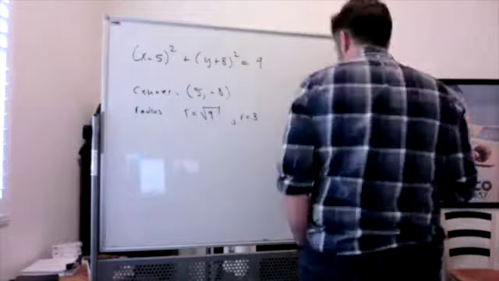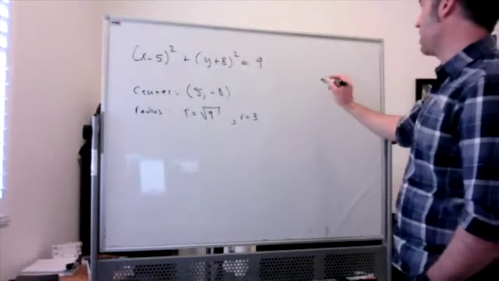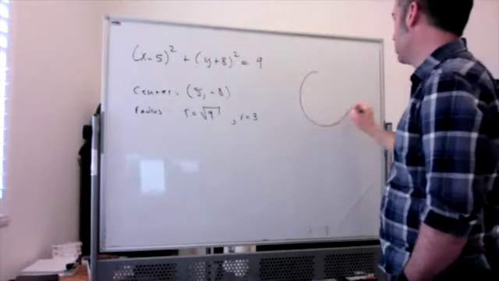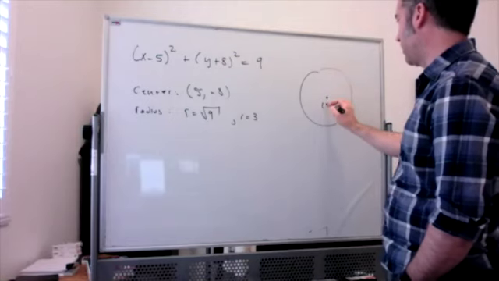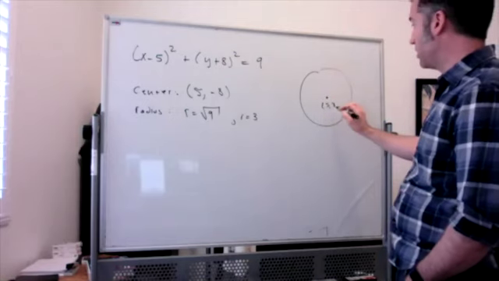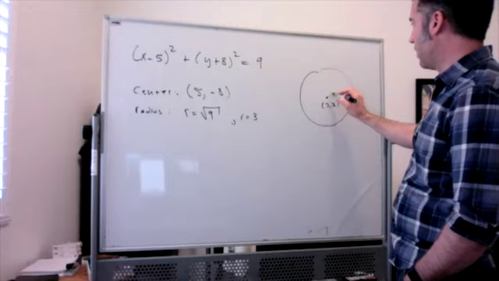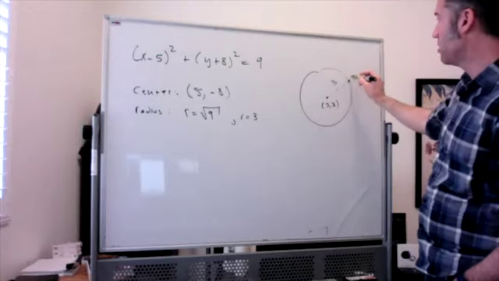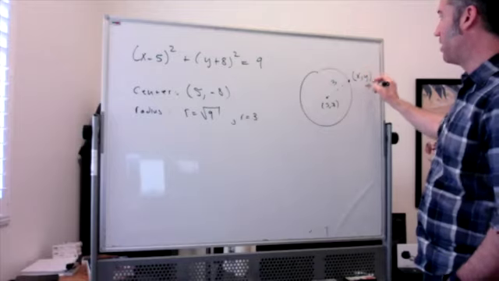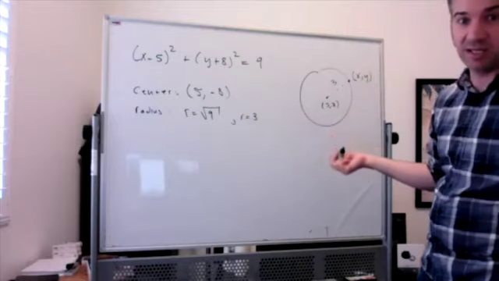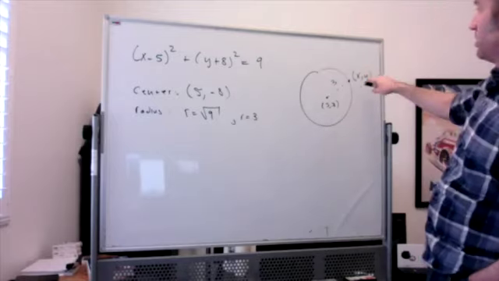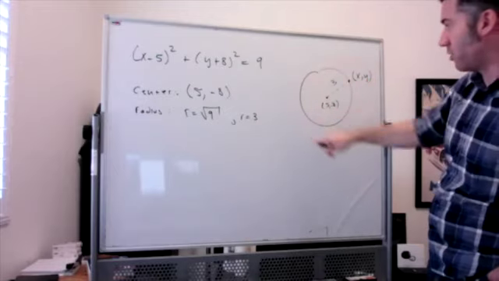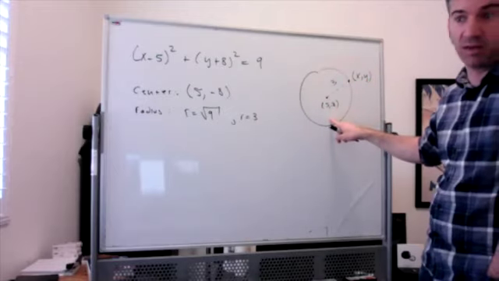What's actually happening here is we're saying that this circle, which is centered at 5, -8, and has a radius of 3, any point here, x, y, you're using the distance formula to say that the distance between this point on the circle and the center is always going to be 3.